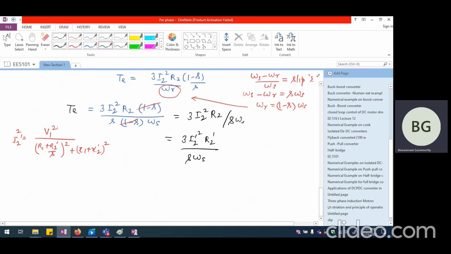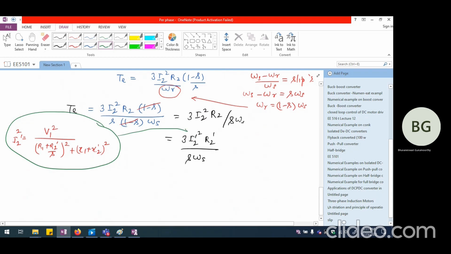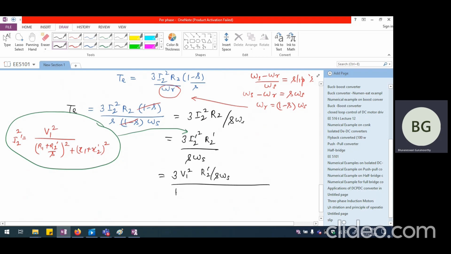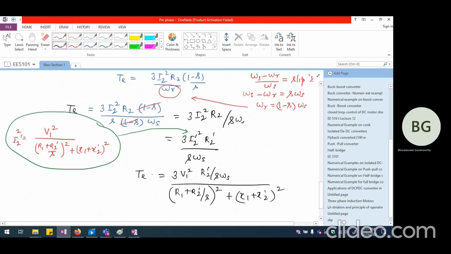If I am substituting this expression here, I can write this as 3 V1 square R2 dash divided by s omega s, divided by (R1 plus R2 dash divided by s) the whole square plus (X1 plus X2 dash) the whole square. So this is the expression for electromagnetic torque.